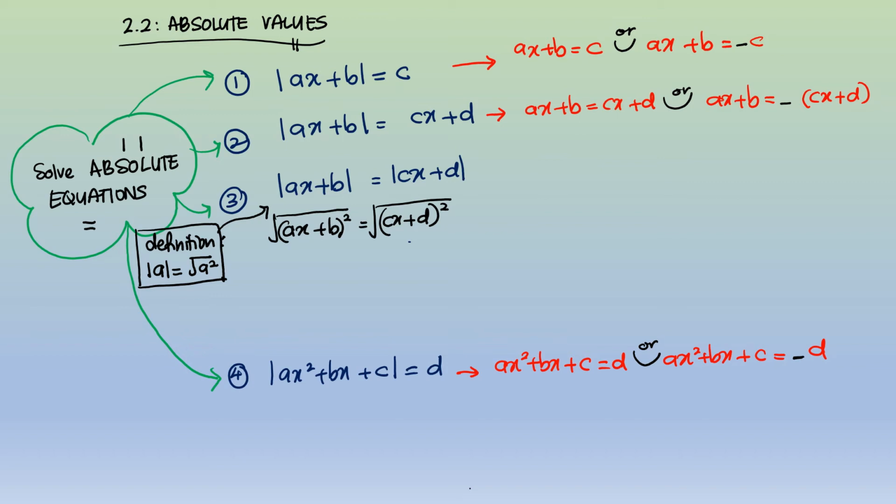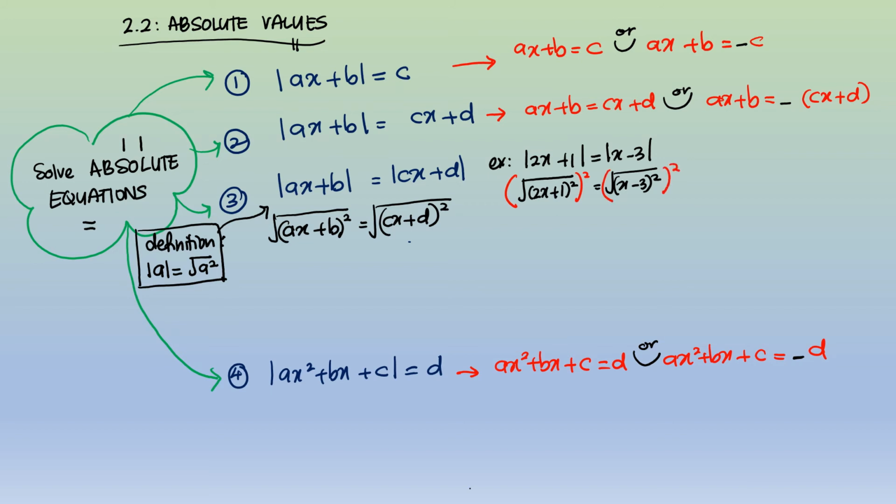Alright, so for you to be clear about it, let me give you an example. You have modulus 2x plus 1 equal to modulus x minus 3. So everything lies inside the modulus. We change it using the definition to the square root of (2x plus 1) squared equal to the square root of (x minus 3) squared. So what you are going to do is actually square both sides.